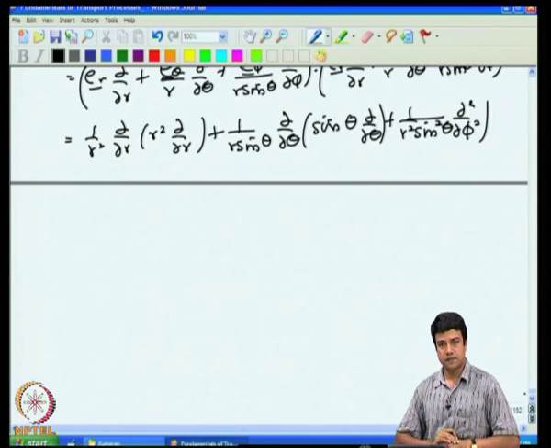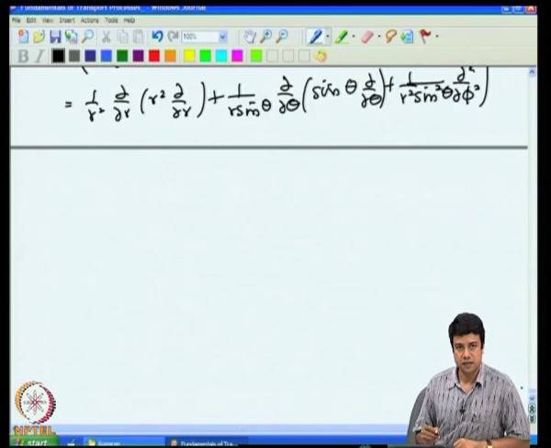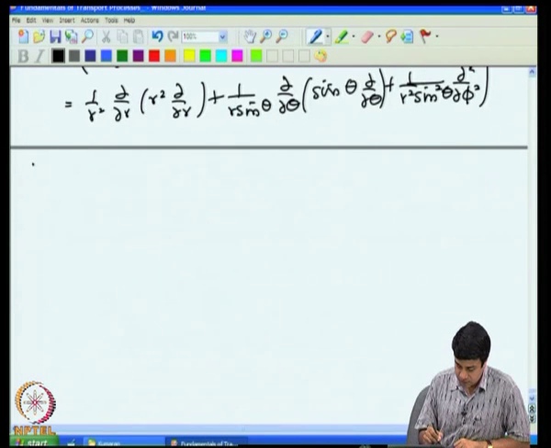So, that is the equation for mass conservation. The equation for energy conservation is quite easy to write. Okay.